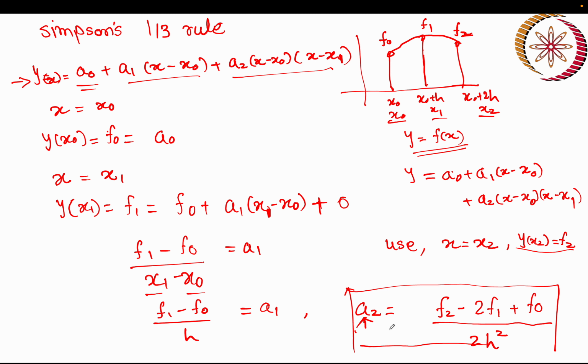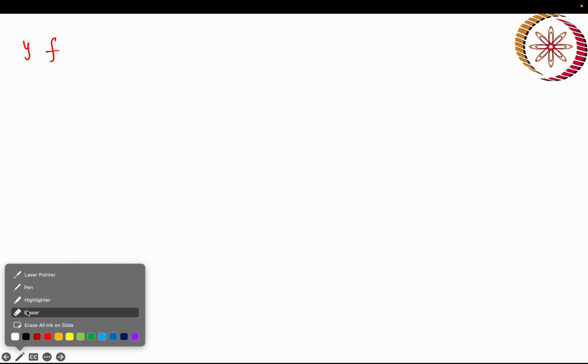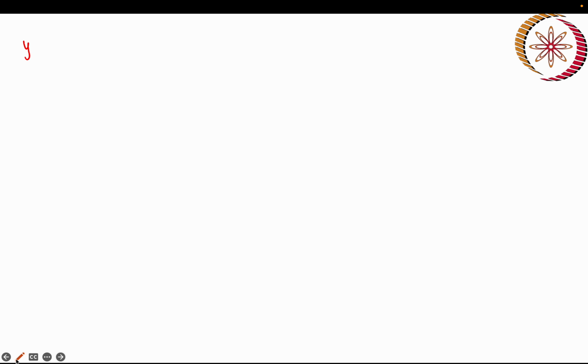So finally we have the functional form, y as a function of x, or f of x equal to a0 plus the other terms, and we can directly substitute the values.